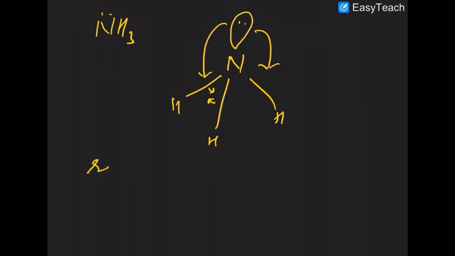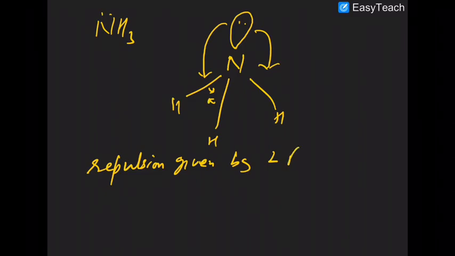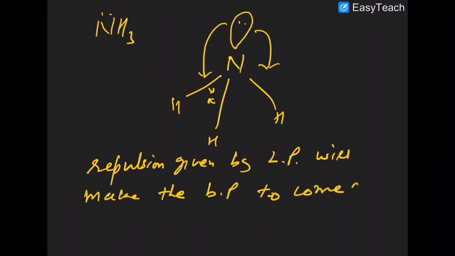I am repeating once more: the repulsion given by the lone pair will make the bond pairs come close together, and the bond angle becomes less.